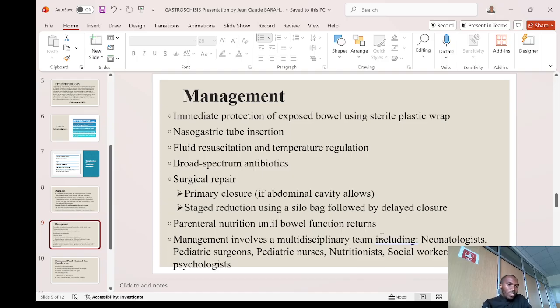For most of them it is their first time seeing this, so they should be provided with counseling. So this is what we can tell you about gastroschisis. I hope when you meet a case, you will be able to manage it.